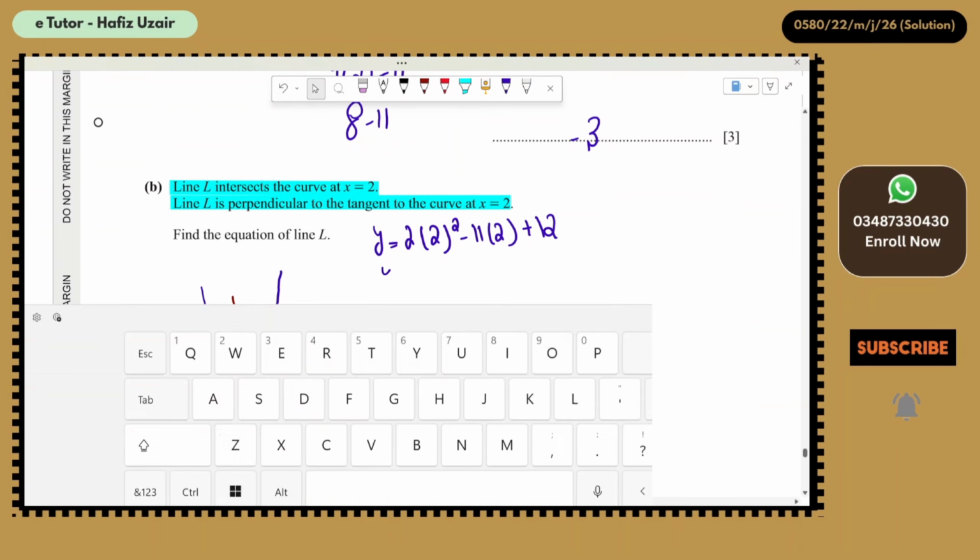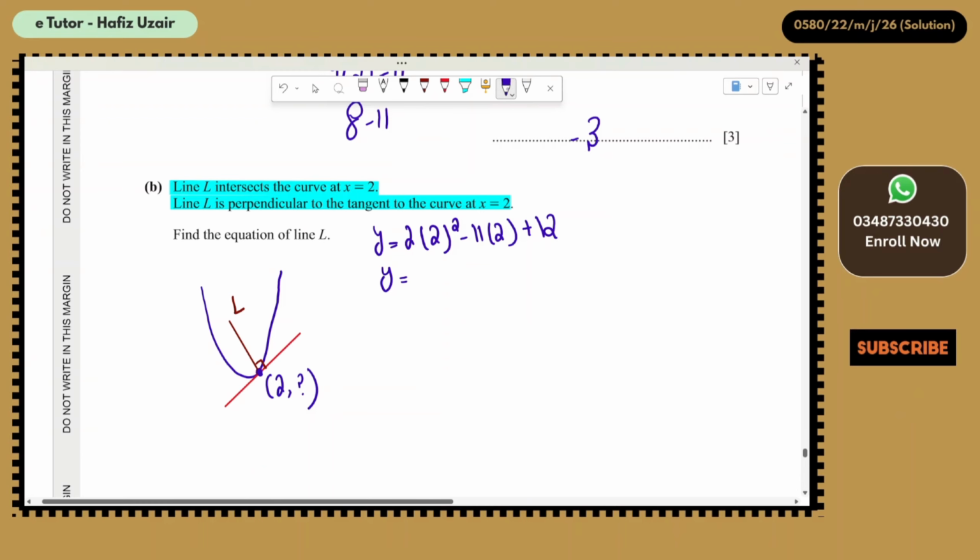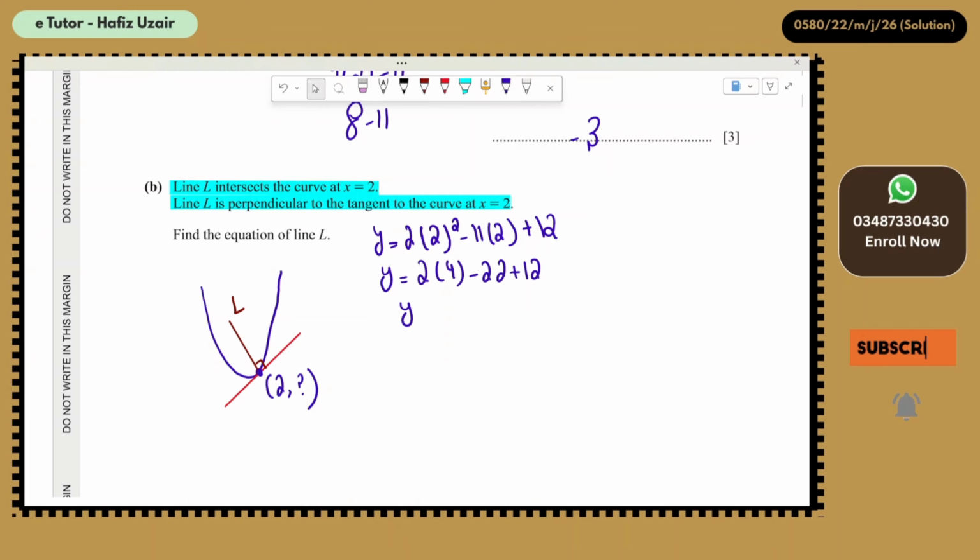If we solve this, y will be equal to 2 into 4 minus 22 plus 12, so y equals 8 minus 22 plus 12. This produces minus 10, and minus 10 and 8 produce minus 2.